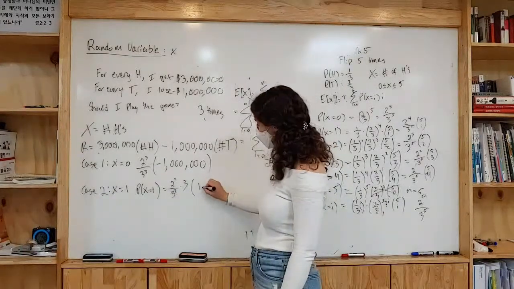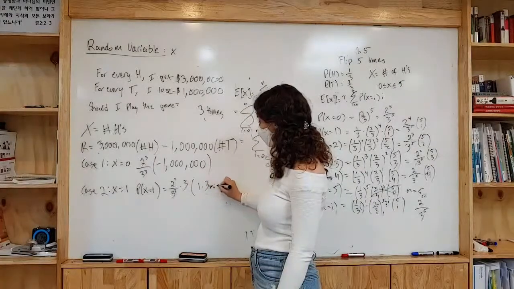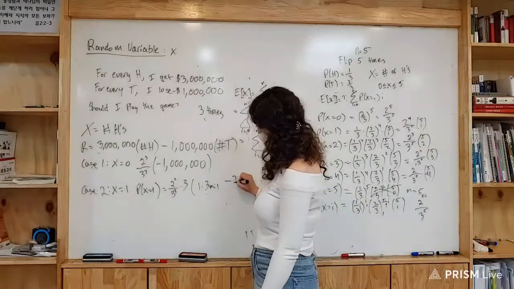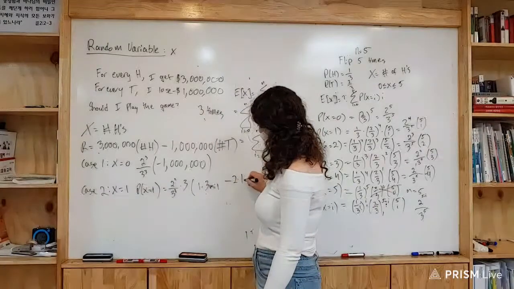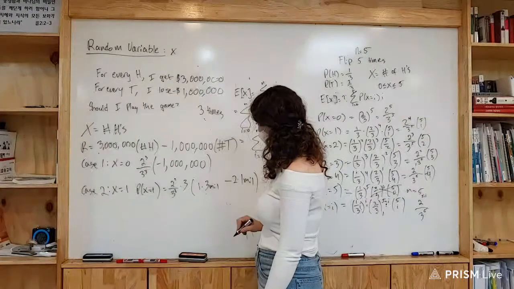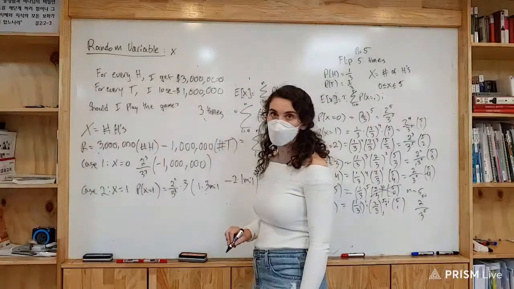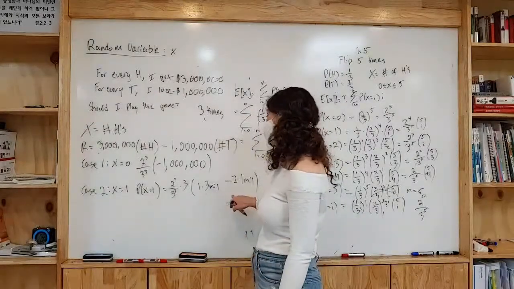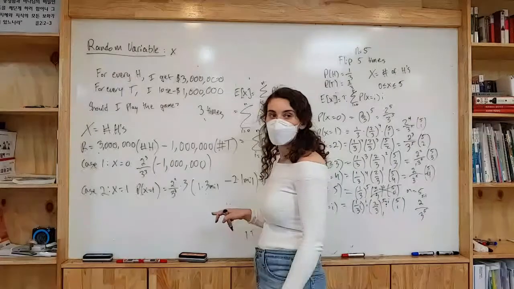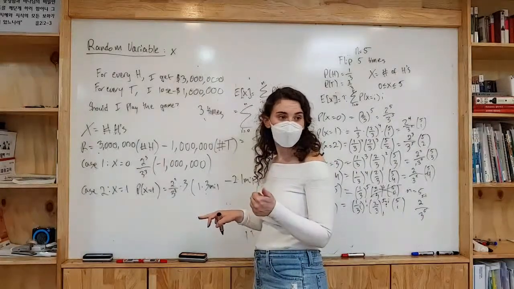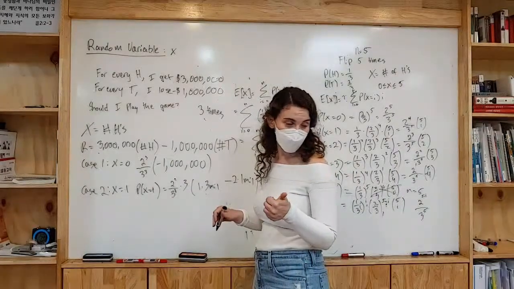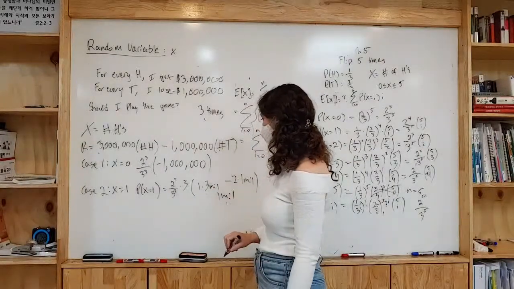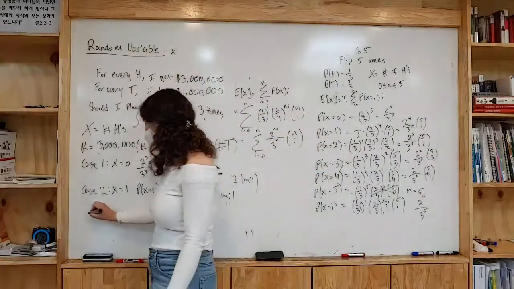You get 1 times 3 mil minus 2 times 1 mil. Oh my god, that's good for you, right? So what is this net gain? You've got 1 3 million and you've lost 2 1 millions. So you get 1 mil. Alright, X equals 2.